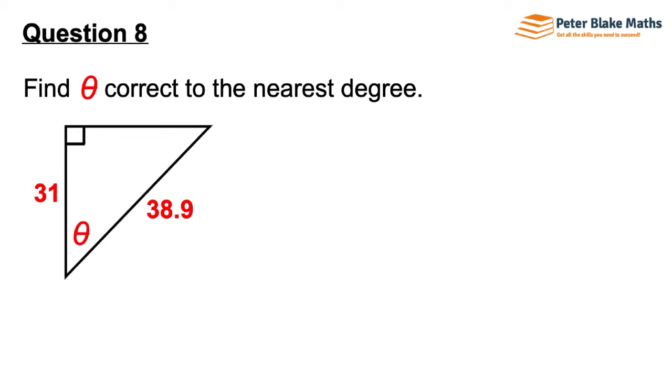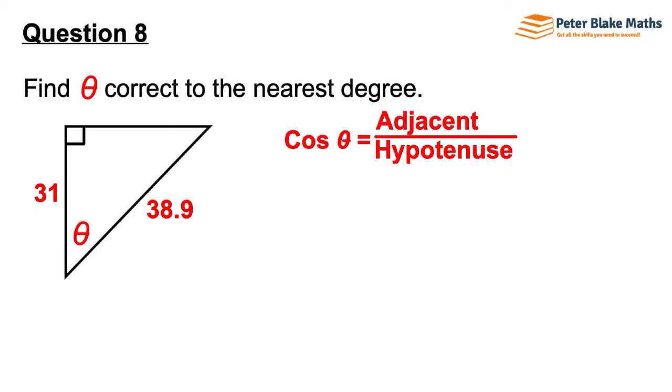So adjacent and hypotenuse, that indicates a trig ratio of cos that we should be using. So we'll just write that out. Cos theta equals adjacent over hypotenuse. Cos theta equals, in this case, 31 that's in the adjacent position and 38.9 that's in the hypotenuse position.